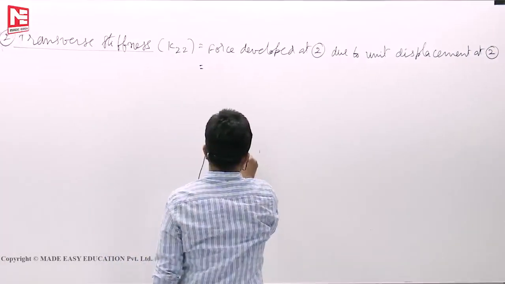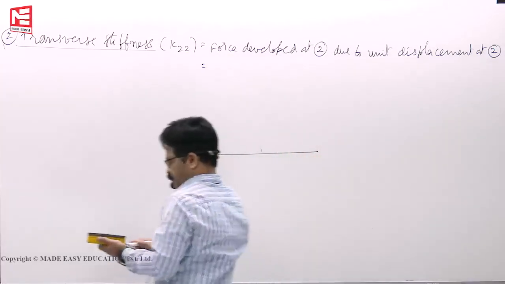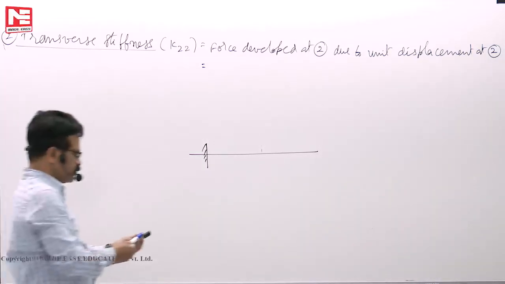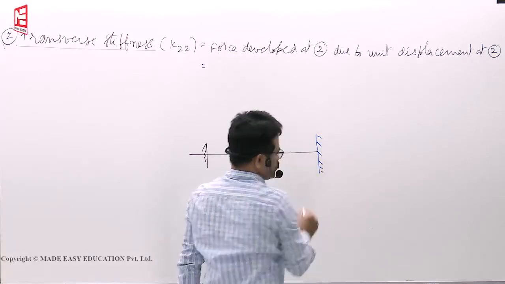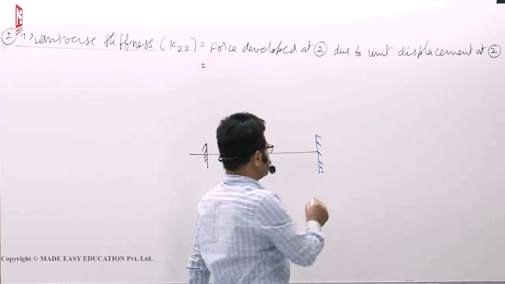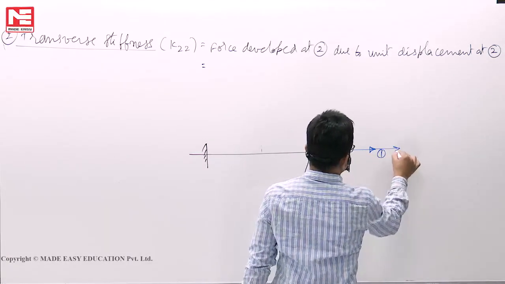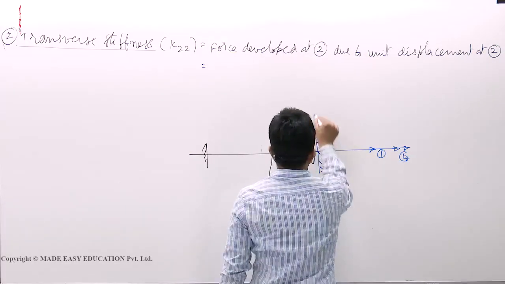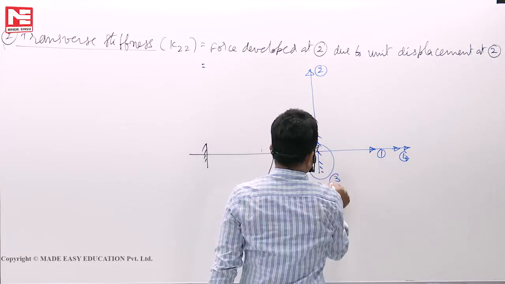How much? So you have to draw the diagram. Again here also, symbolic representation of fixing the coordinates, because stiffnesses are defined like that. This is your coordinate 1, coordinate 4 means twist. This is coordinate 2, coordinate 3.